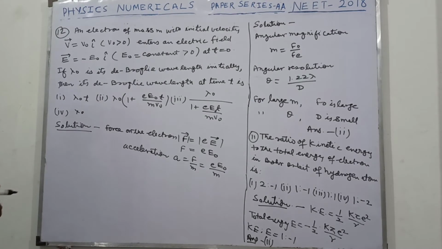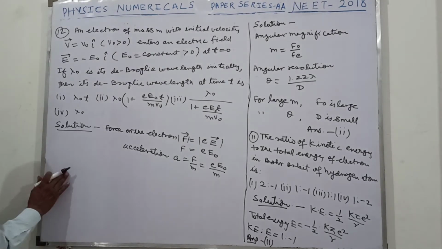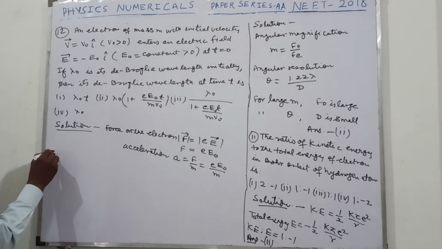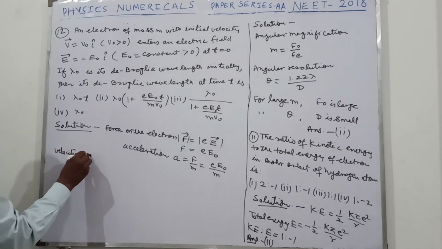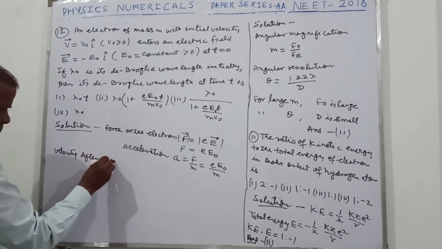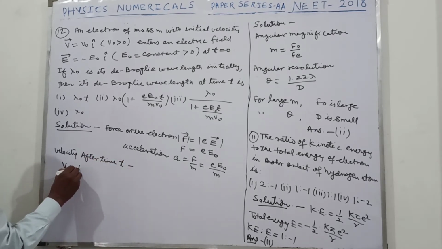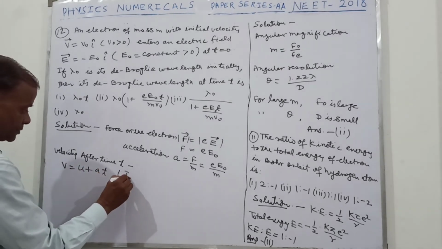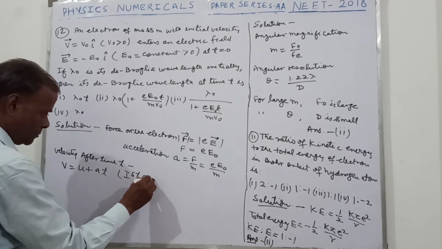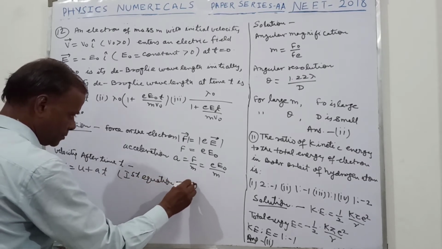Now the initial velocity is given, then there will be some final velocity after time t. So velocity after time t, v equal to u plus at. We will use this first equation of motion.